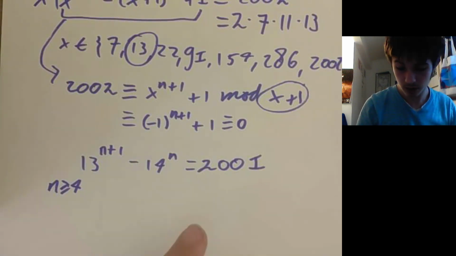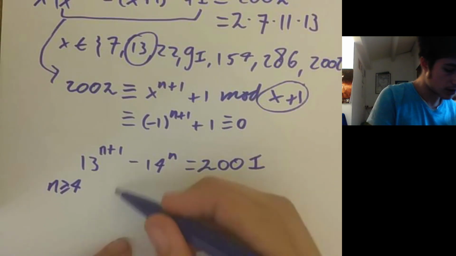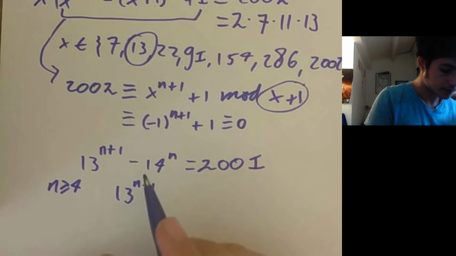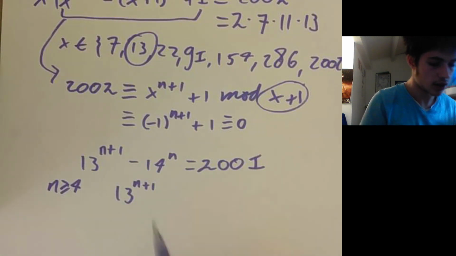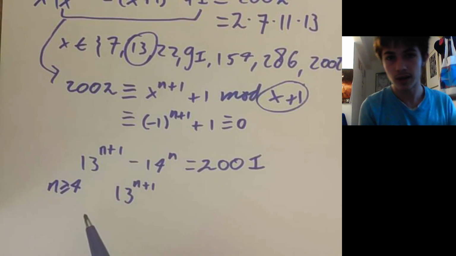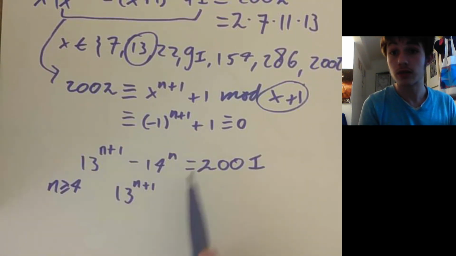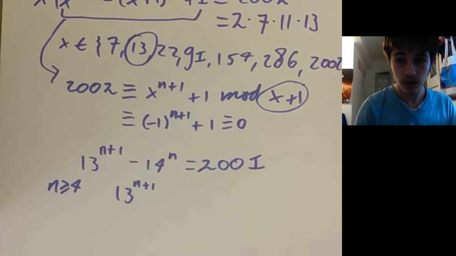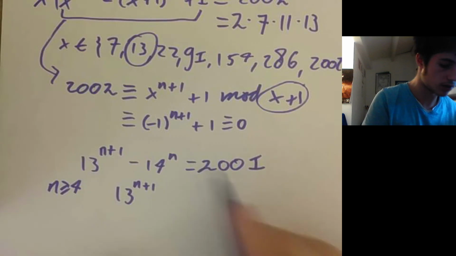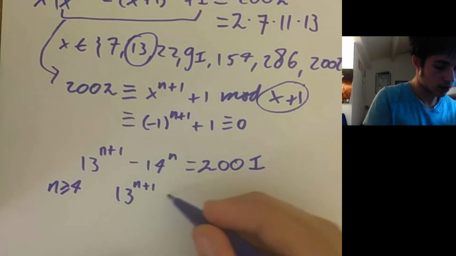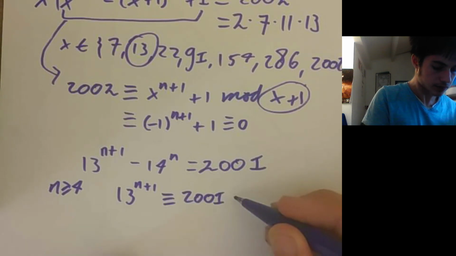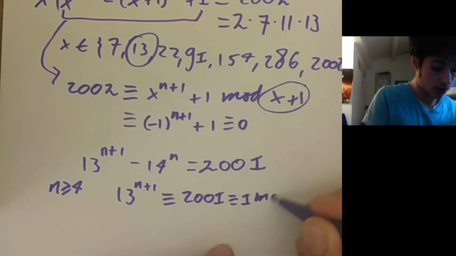We can look at this equation modulo 8, and we see that 13^(n+1) minus 14^n, but 14 has a factor of 2, and when n is greater than or equal to 4, we know we have at least 4 factors of 2 in here, so this will definitely be congruent to 0 modulo 8, which is the modulus we want to look at. So it's congruent to 2001, which is congruent to 1 mod 8.